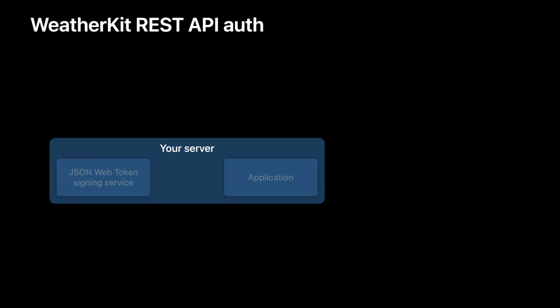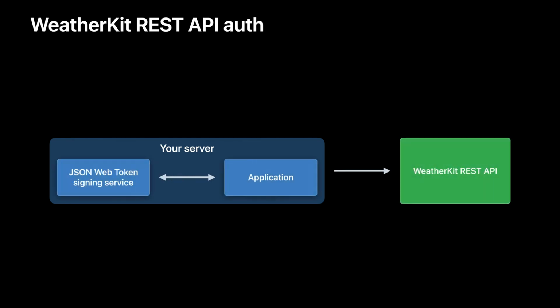WeatherKit requires tokens to validate authorization on each request. So on your server, you'll deploy a token service for creating a signed JSON Web Token using your private key. For those familiar with JSON Web Token authentication, this is a fairly standard authorization flow, but let me share some details in case this is your first time working with it.